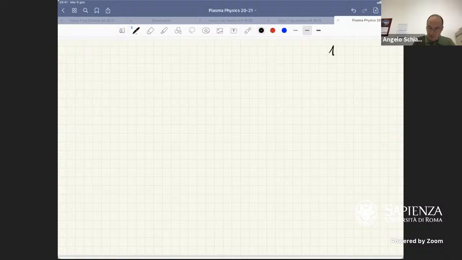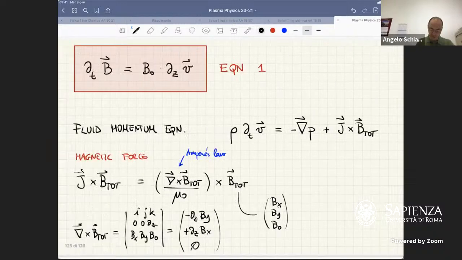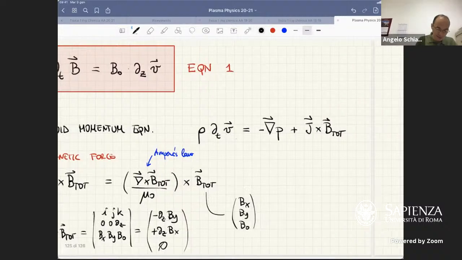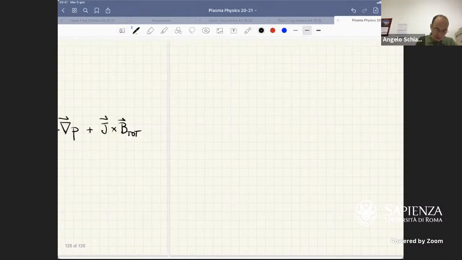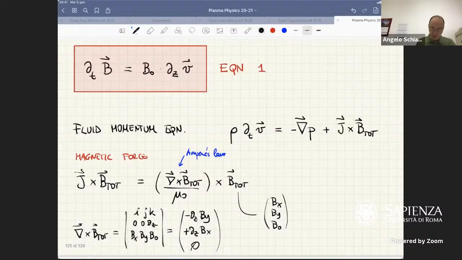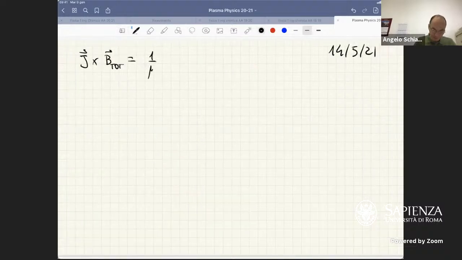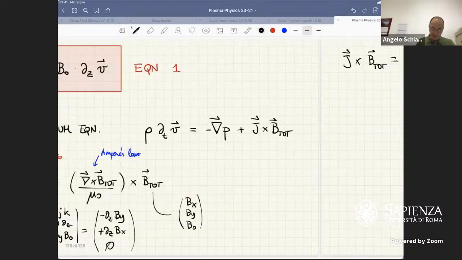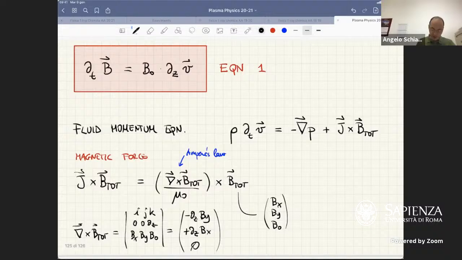So today is the 14th of May, 2001, and we have to compute, let's write it again, J cross B, where J is 1 over mu naught, the magnetic permittivity of vacuum, times the curl of B that we computed.